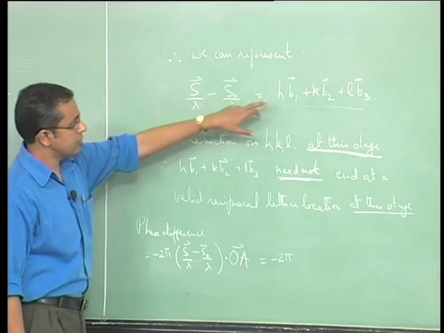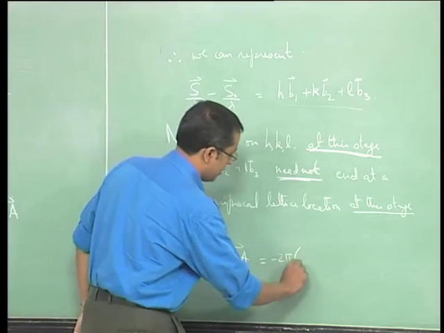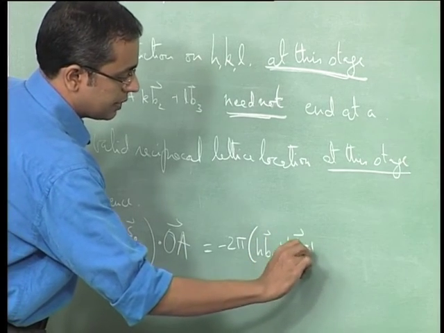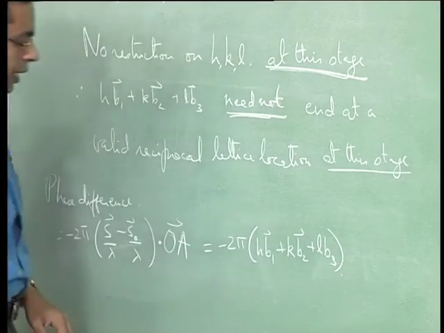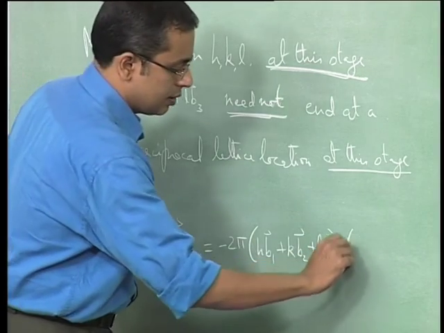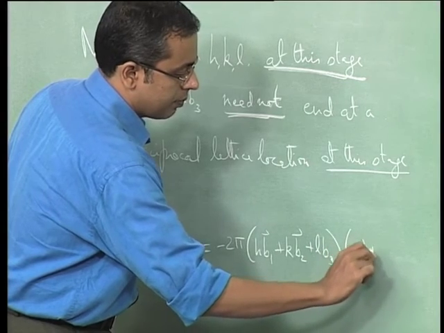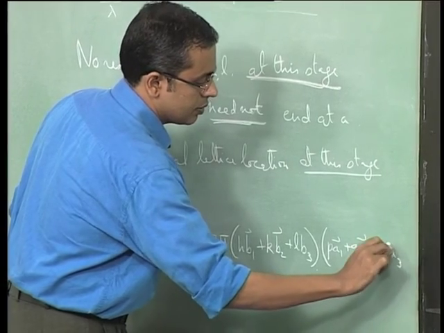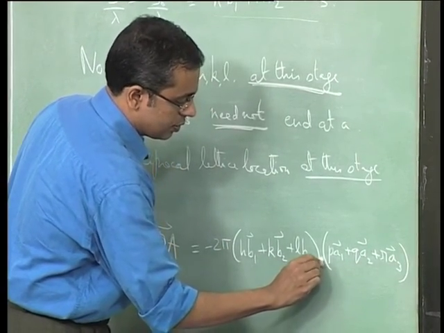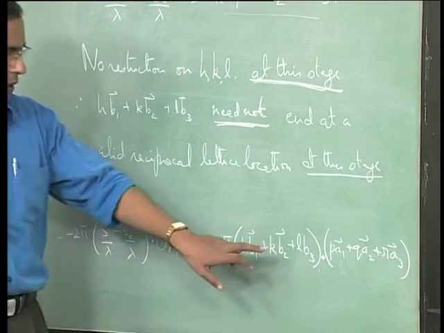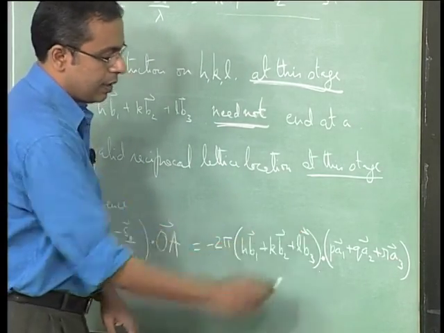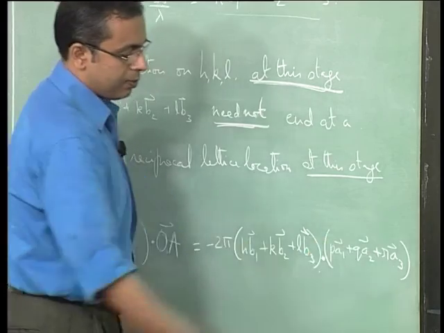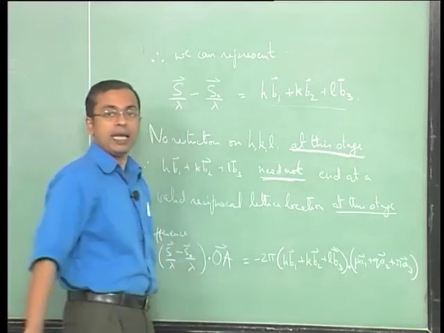So we can write that as that vector there, h b1 plus k b2 plus l b3, and OA we have already defined as p a1 plus q a2 plus r a3, and this is a dot product, okay, a dot product of h b1 k b2 l b3 with p a1 q a2 r a3, where p, q and r have to be integers. At the moment h, k and l could be anything, they need not be integers.